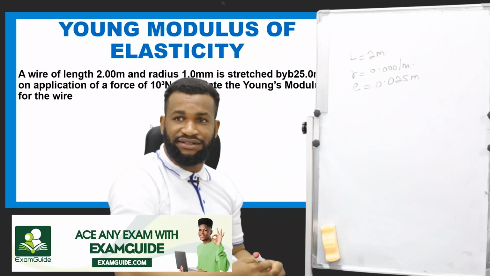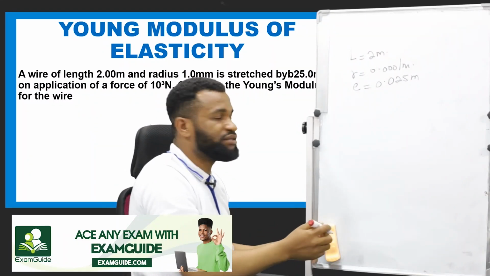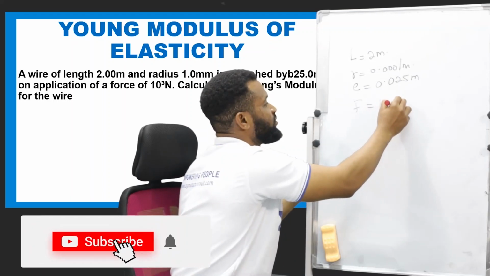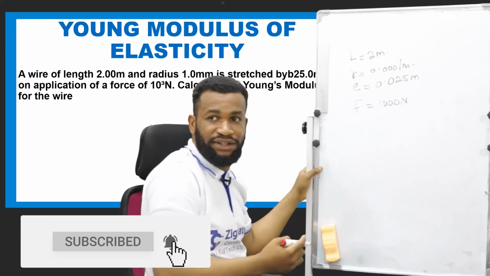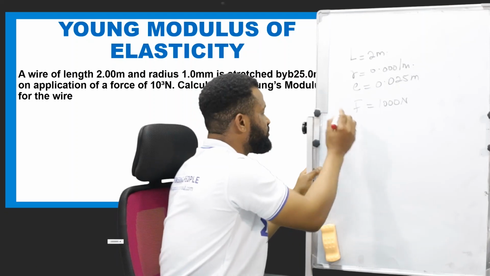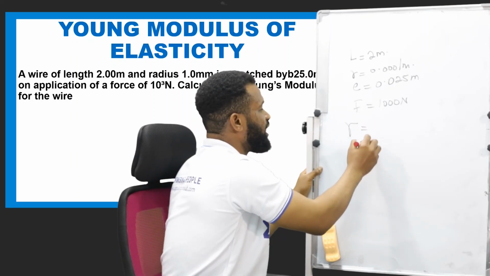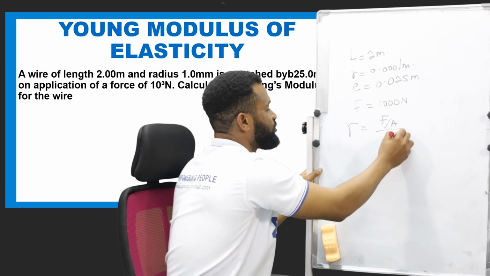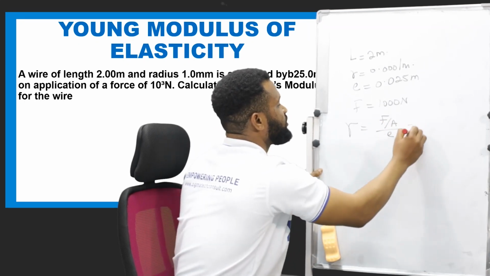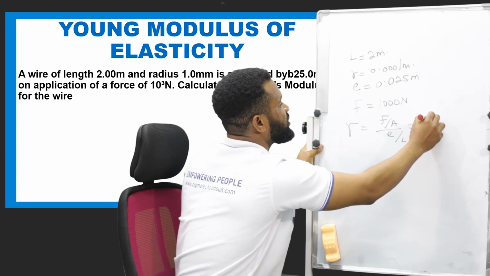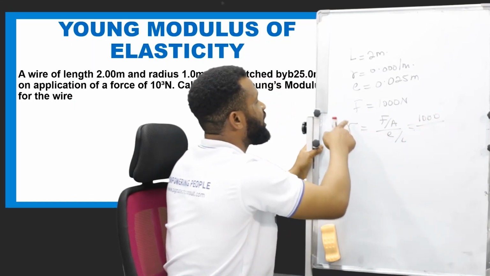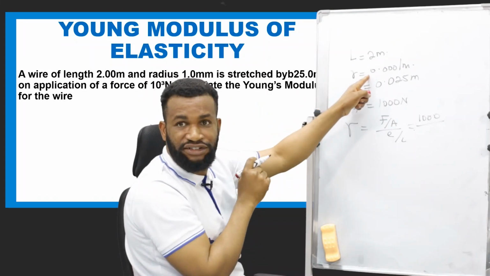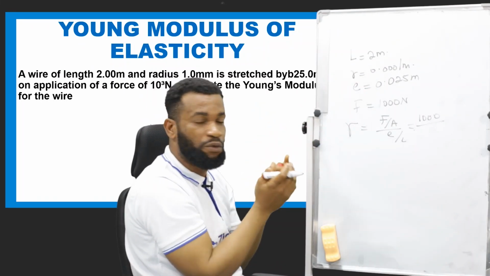So when I have this as the value for the extension, then the force is given as 1,000, which is 10 raised to the power 3. The Young modulus is given as force over area divided by extension over original length. Force is 1,000 all over area. In this case, you have to find the area because the radius is given and it is of a wire.